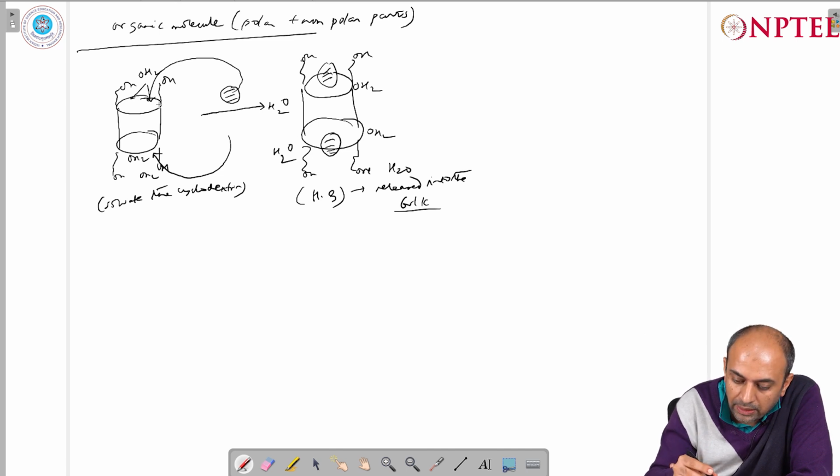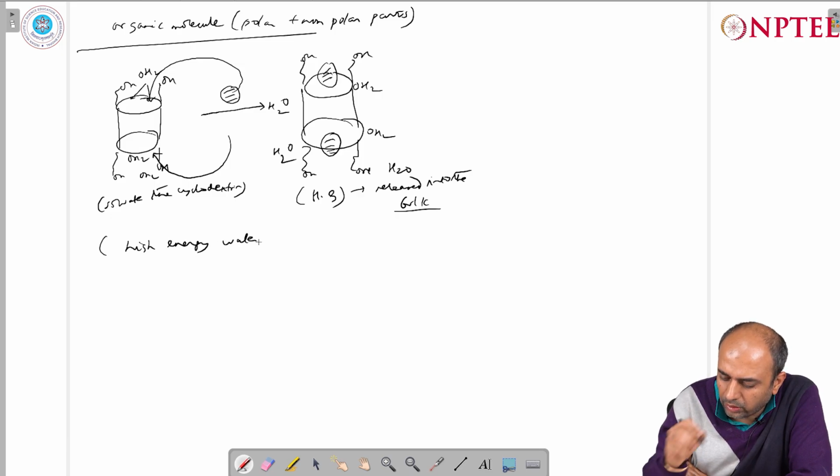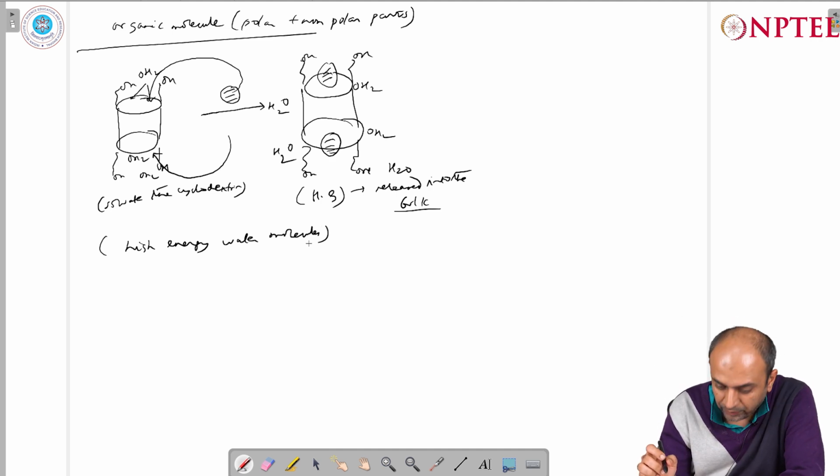Why? Because they are interacting partly with the polar functional groups, but also with the non-polar functional groups, and we know that these are hydrophobic surfaces, and water is a hydrophilic solvent. So there is a repulsion between the hydrophobic and the hydrophilic parts, and therefore the water interacting with the cyclodextrin cavity is considered to be high energy water.